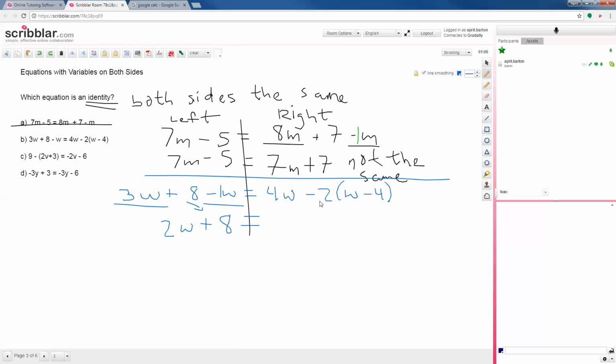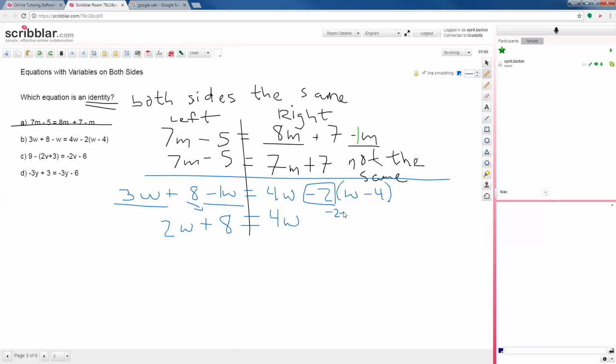So when we distribute, you're only working with the number directly touching the parenthesis and its sign. We keep the negative sign with the 2. So the 4w for now is just going to come down. It's not part of this distribution process. So to distribute, that means the negative 2 gets multiplied by both things inside.